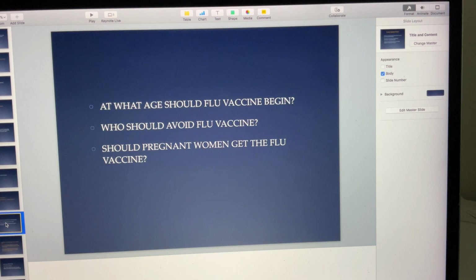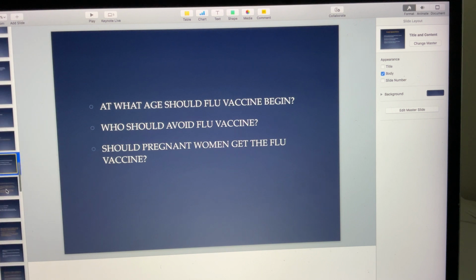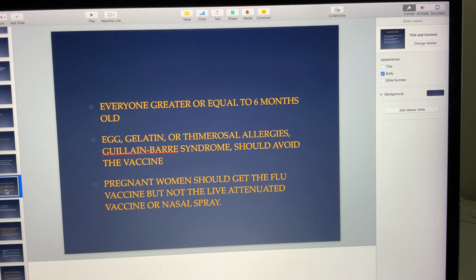At what age should flu vaccine begin? Okay, this is very important. When should you start administering flu vaccine? Who should avoid flu vaccine? Should pregnant women get flu vaccine? Let's find out. So, you want to start administering flu vaccine if patient is 6 months or older. Now, who should avoid flu vaccine?